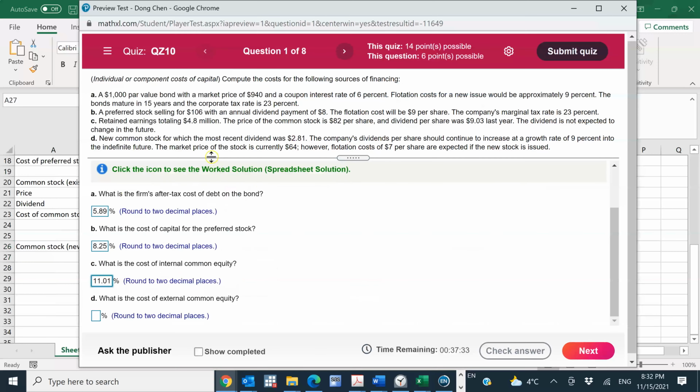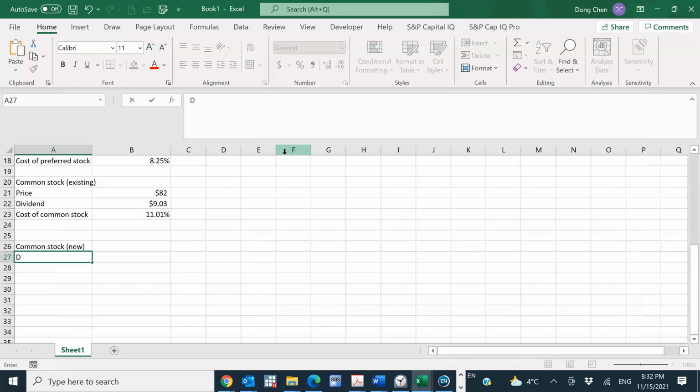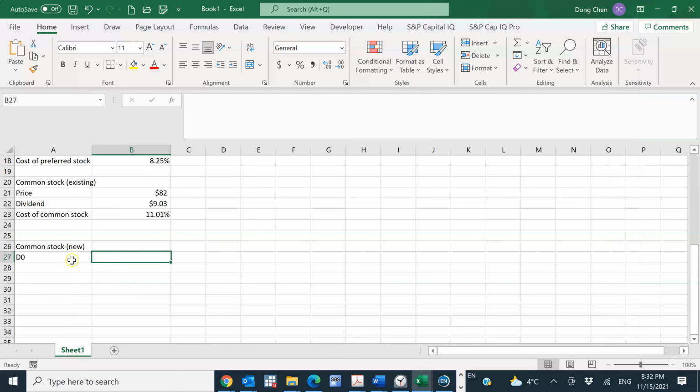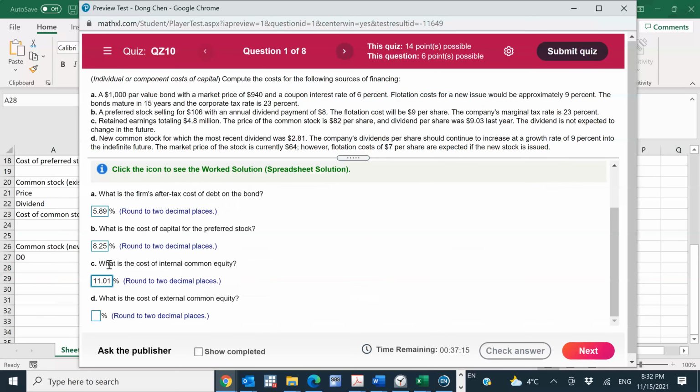Now the new information is the dividend. Notice here it says the most recent dividend was $2.81. So this should be understood as D0. Why does this matter? Because in the formula for the cost of equity, what we need is the expected dividend next year or next period.